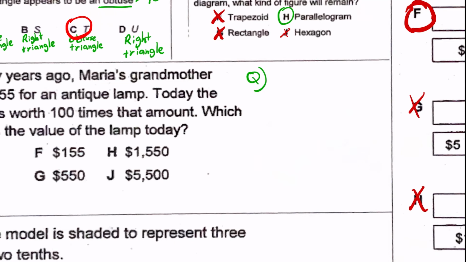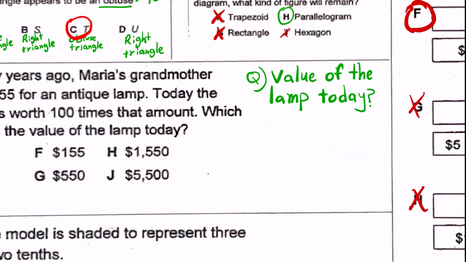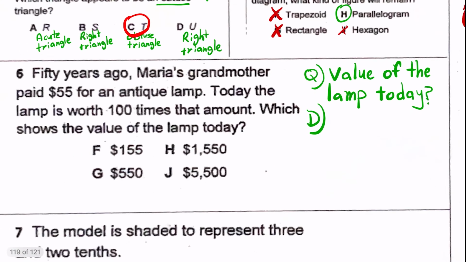So the question is, we're looking for the value of the lamp today. What is the value of that lamp today? Well, we know that it used to be $55, right? We can say 50 years ago, or a long time ago, it was $55.